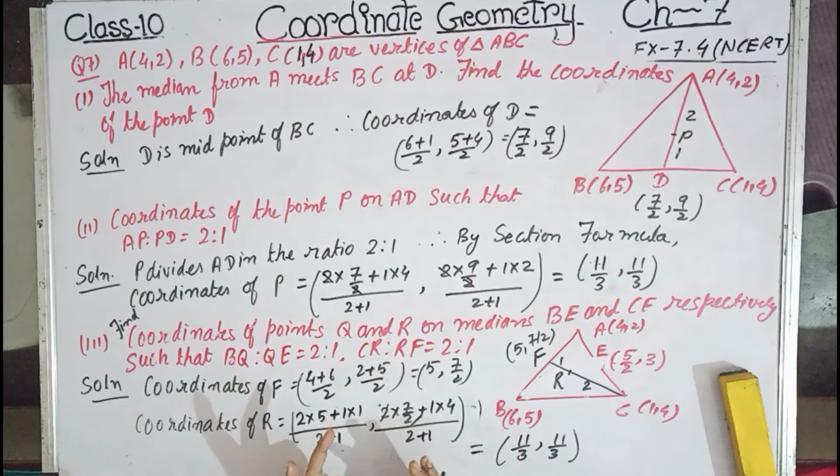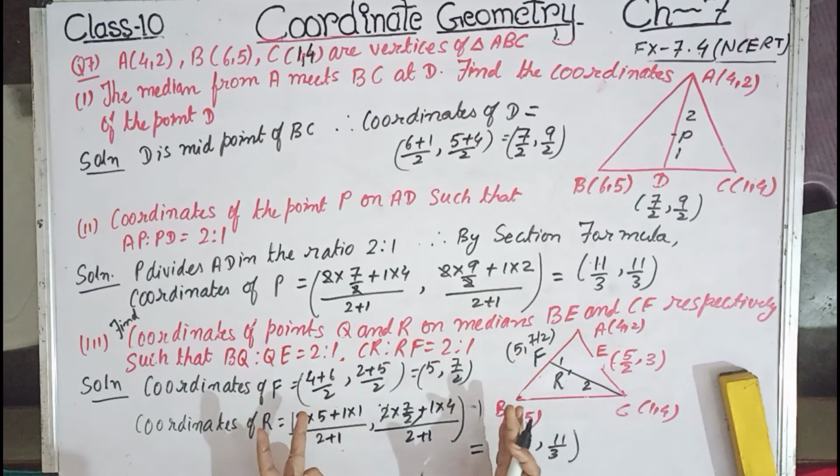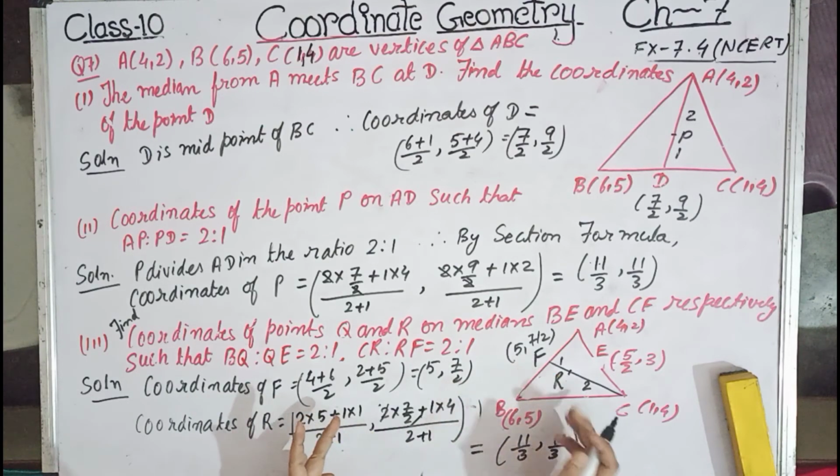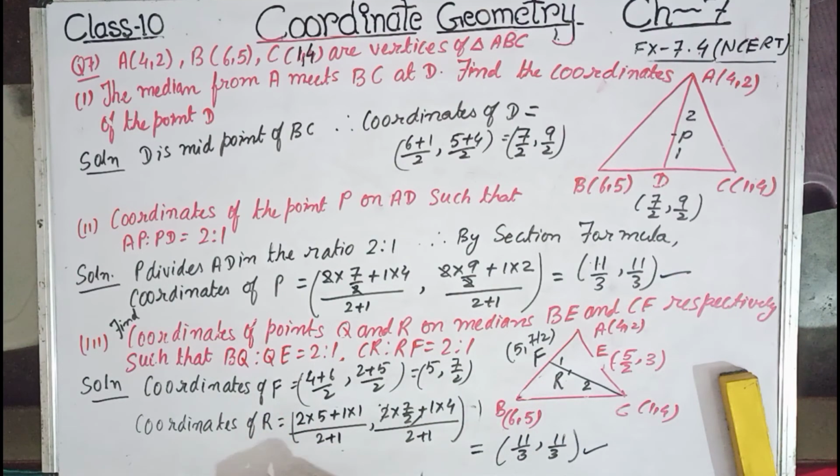Thus the points on the medians AD, BE and CF, which divide the medians in the ratio of 2 is to 1, we are getting 11 by 3 in all the 3 cases. So subpart number 4 is saying, what do you observe?